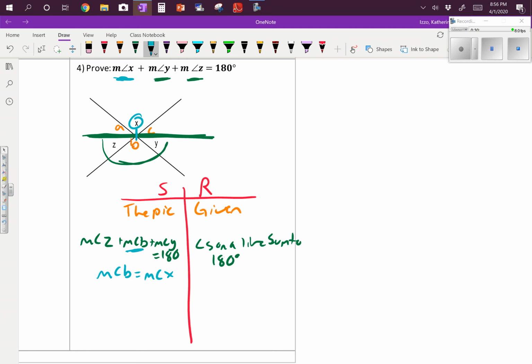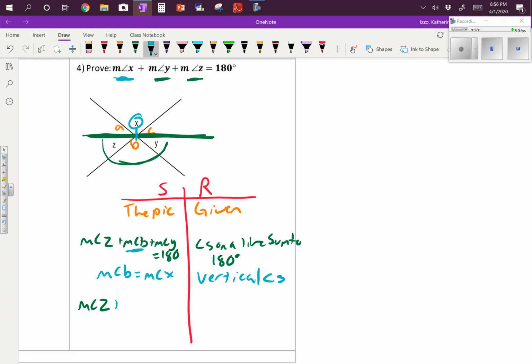Measure angle B has to equal measure angle X because of vertical angles. Okay. So now all I have to do is take this X and plug it in for the B. So measure angle Z comes down.